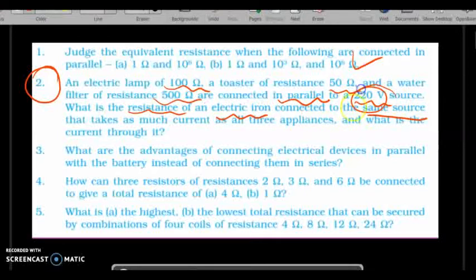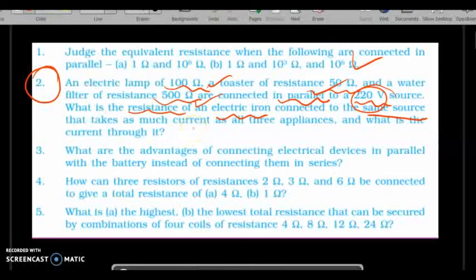The source is 220 volt. This electric iron has the same resistance as these three connected in parallel. So naturally the resistance of the iron will be equal to the effective resistance of these three resistors. It is taking the same current as all three appliances. What is the current through it? We also have to calculate the current through it.